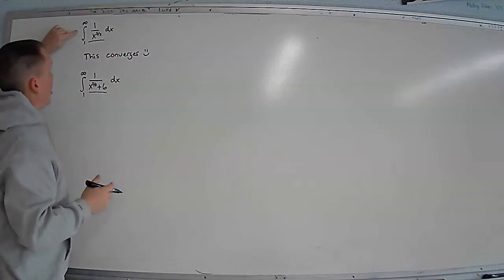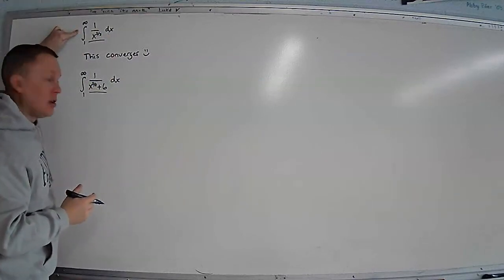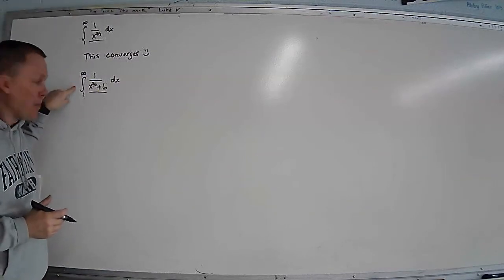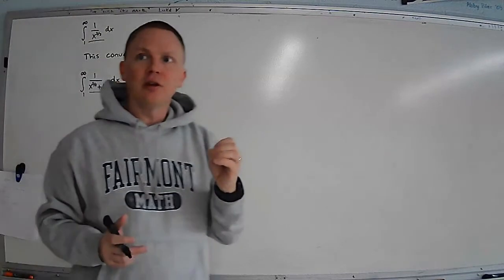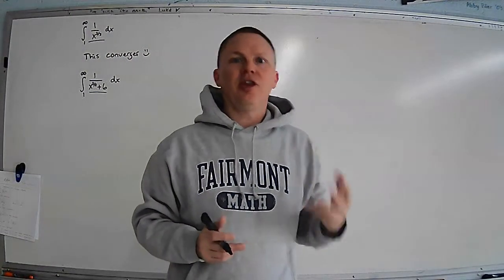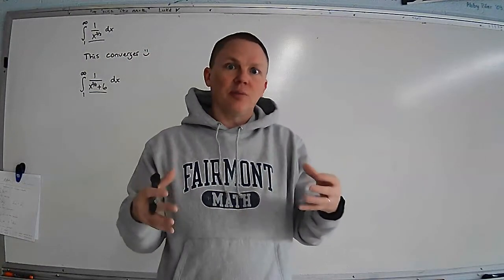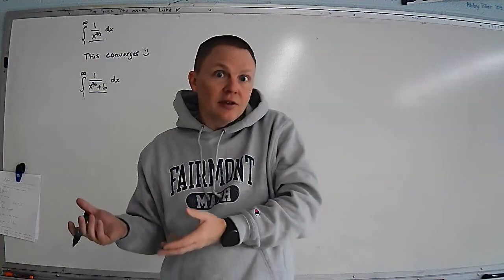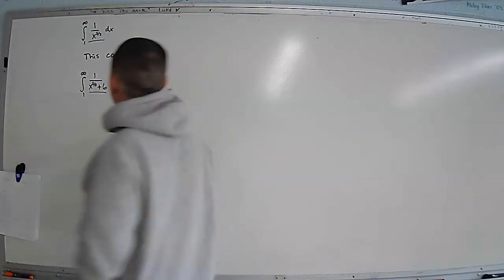And if I just showed that this converges, this guy right here is going to have to converge because it's smaller than something that converges. Think about that. If you're smaller than something that is finite, you have to be finite, right?